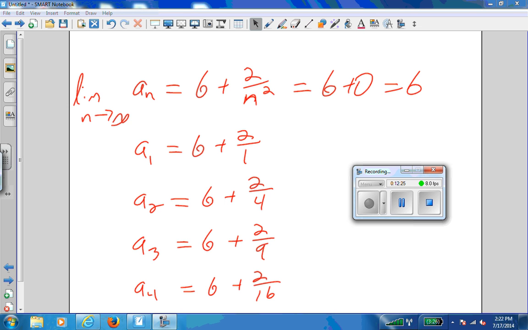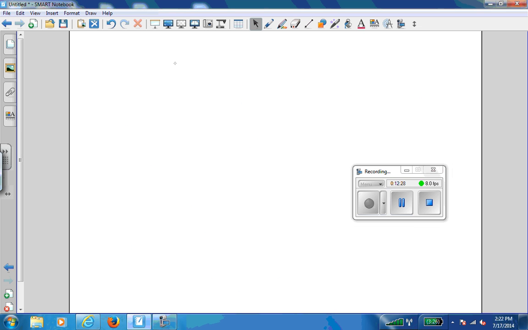One thing that might be useful on some of these limits is a theorem mentioned in this section.